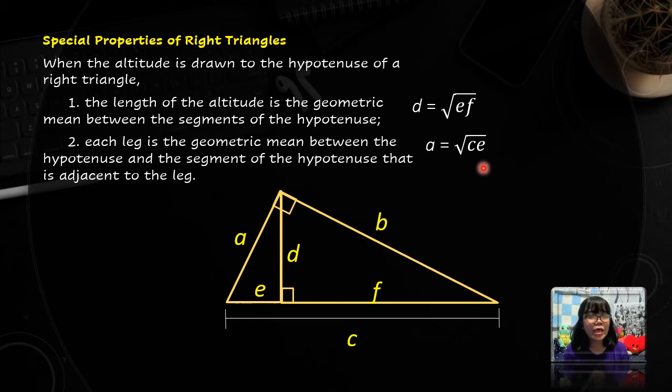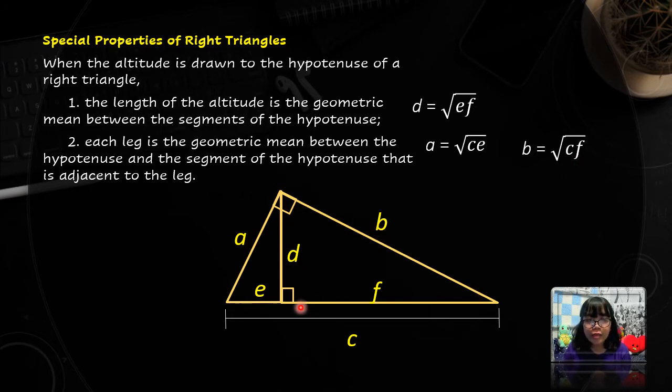But in this case, we will be dealing with two quantities only, because we will have the segment and the hypotenuse. And then, in order for us to get the other value of the leg, B, that will still be equal to the square root of the hypotenuse and the segment adjacent to our leg.